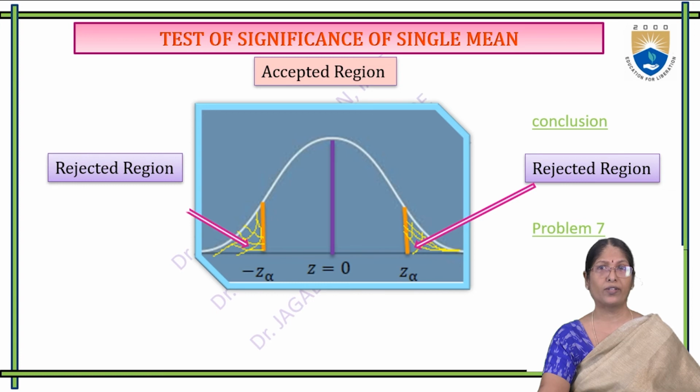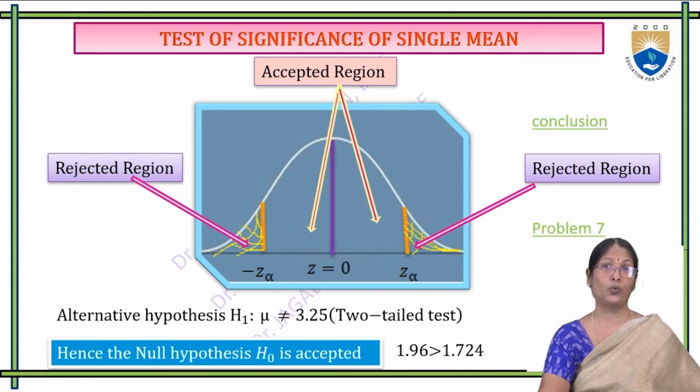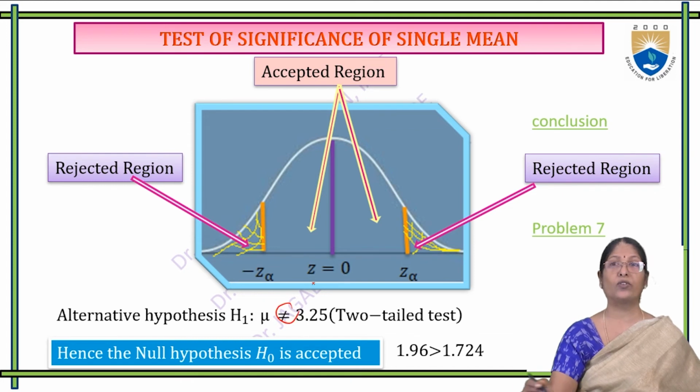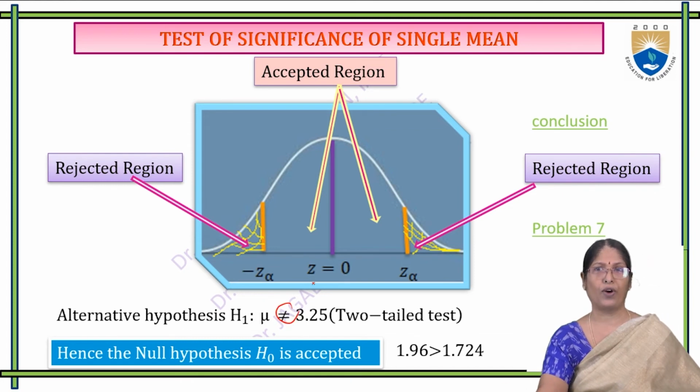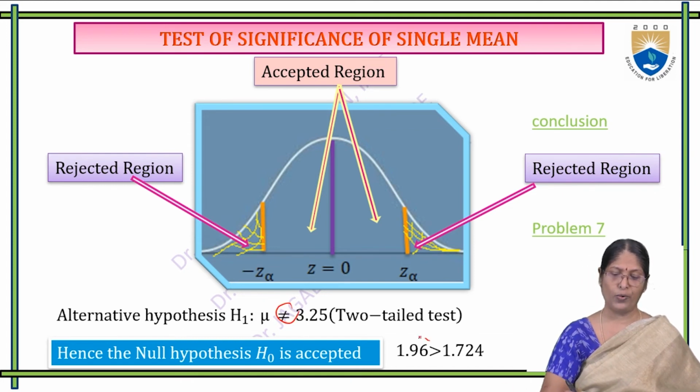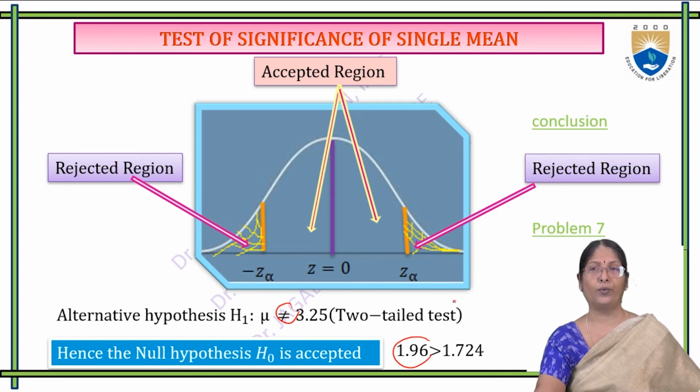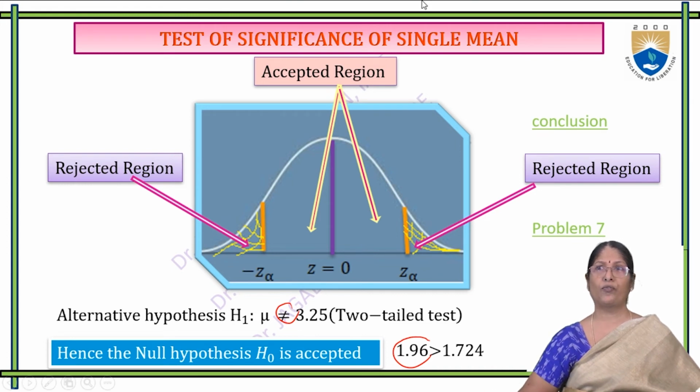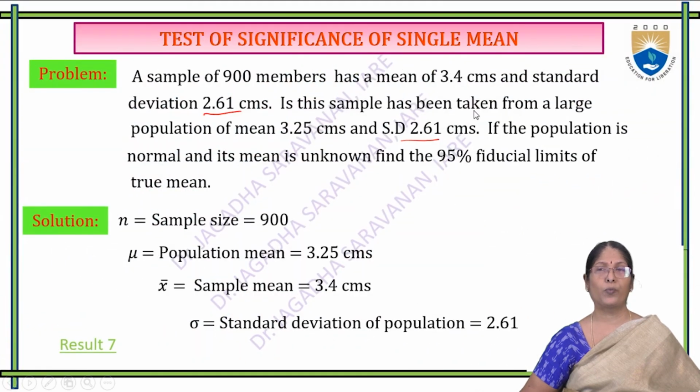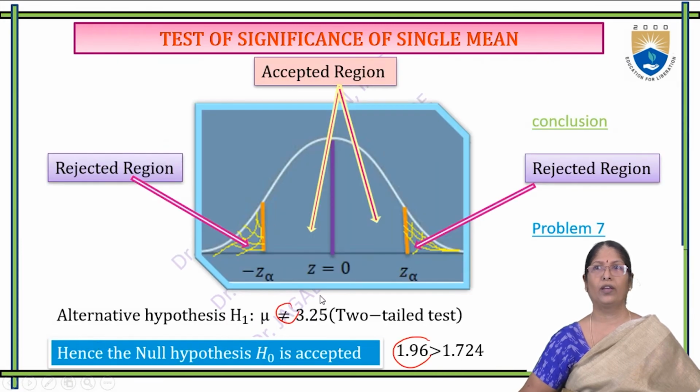How we rejected in this particular problem: by taking a two-tailed test, that is not equal to 3.25. Why is it rejected? Because the tabulated value 1.96 is greater than 1.724. Why this test is selected: in this particular problem, the decrease or increase symbols are not mentioned.